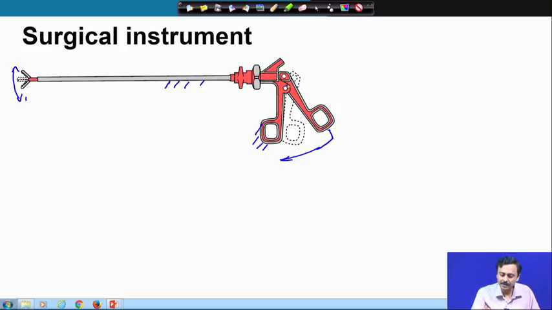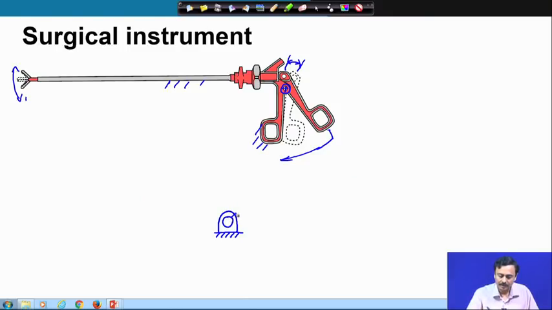As you can see, there is one ground hinge here. So, this is one ground hinge, and there is one hinge, as you can see, which can move. This hinge is moving, it is rotating about this ground hinge.